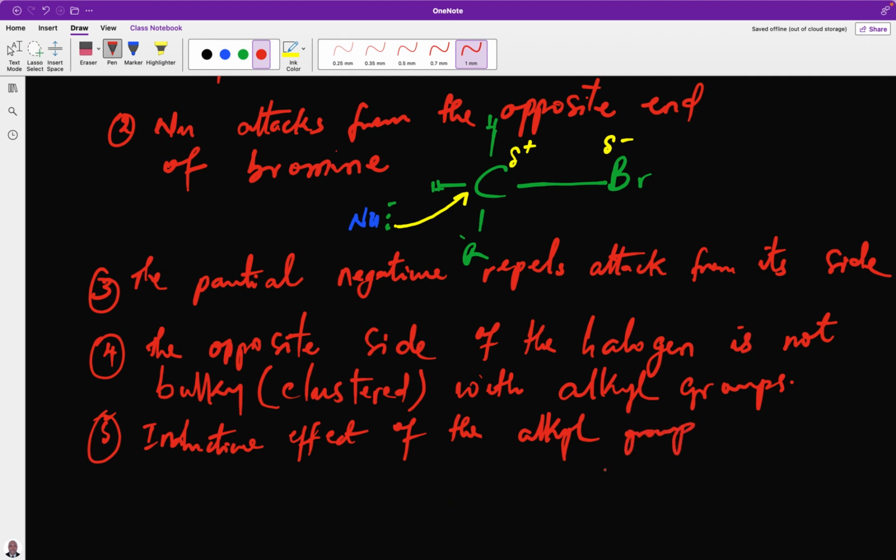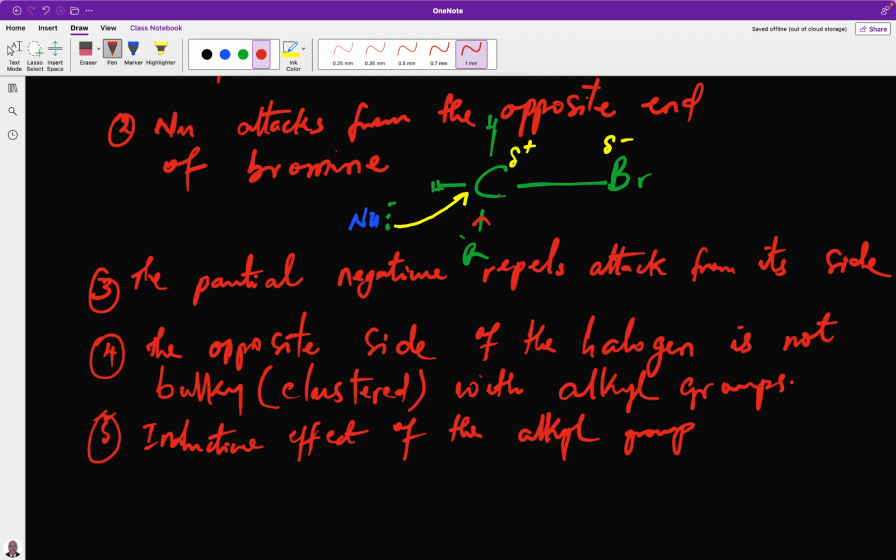The inductive effect of the alkyl group on the carbon atom having the halogen makes the molecule relatively unstable. Why do I say it is unstable? On the carbon having the bromine, there is only one alkyl group, and that one alkyl group has only little inductive effect on the positive carbon.